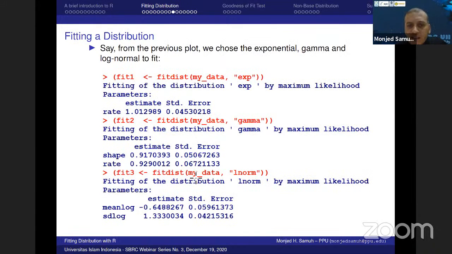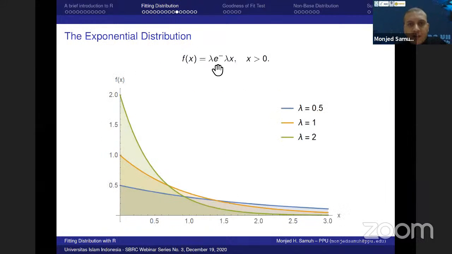Let's check whether the data come from a log-normal distribution. If it is log-normal, there are two parameters to estimate, the mean and the standard deviation. Of course, you know the distribution functions for the exponential, the gamma, and the log-normal.